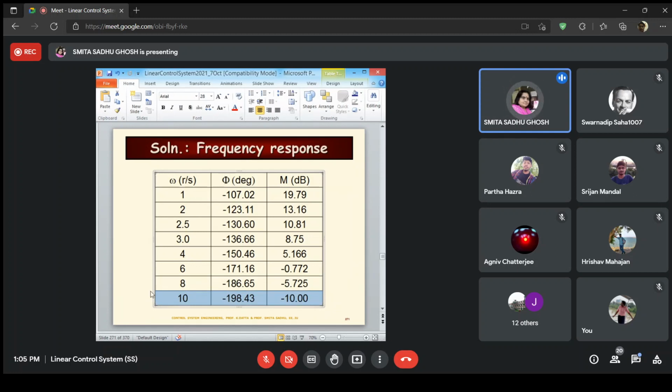So to summarize, I can place my desired gain crossover frequency anywhere at or above, I can say, 6 radians per second, right? Because over there, at least from the magnitude consideration, the gain value is already negative.